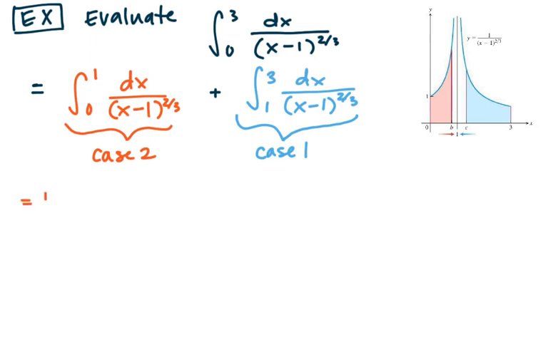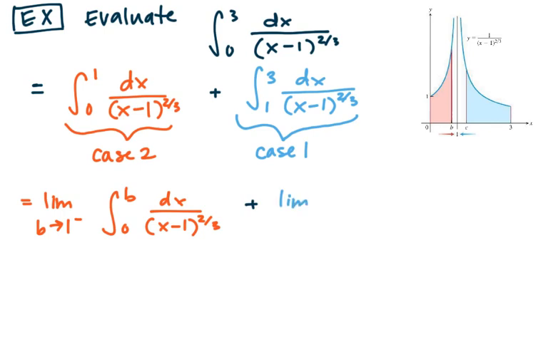So this is going to be the limit as b approaches 1, approaching from the left-hand side, of the integral from 0 to b of dx over (x minus 1) to the 2/3, plus, in this case, the discontinuity is occurring at a, so we'll say the limit as a approaches 1, approaching from the right-hand side, of the integral from a to 3 of dx over (x minus 1) to the 2/3.